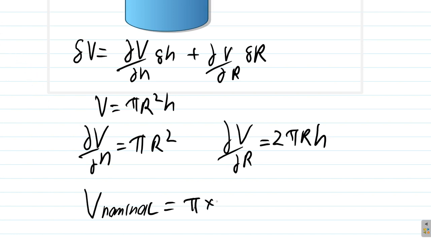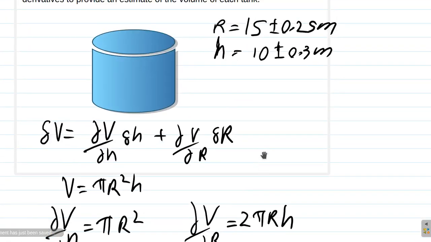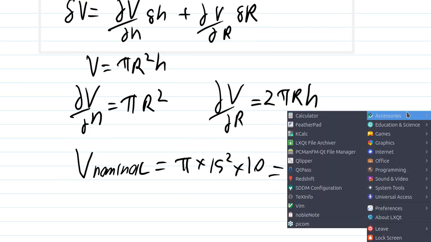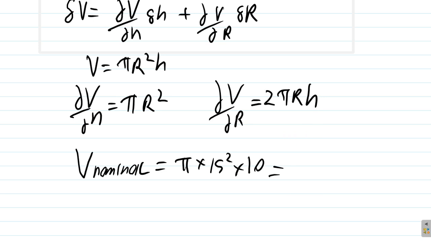Pi times r squared would be 15 squared times height, which would be 10. Which is what now? Let's use our calculator for that.